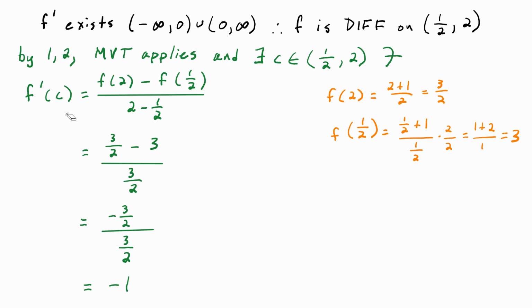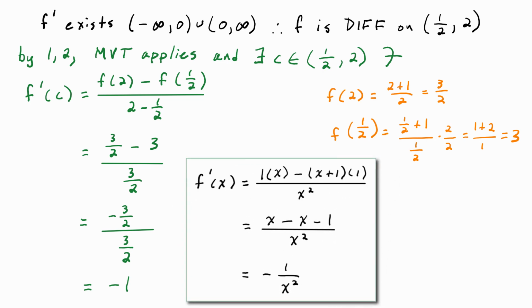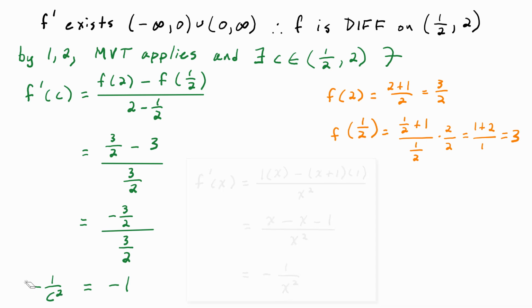Now we need f prime of c to equal negative 1. And remember, f prime of x equals negative 1 over x squared. So f prime of c is negative 1 over c squared. Now we need to solve this for c.